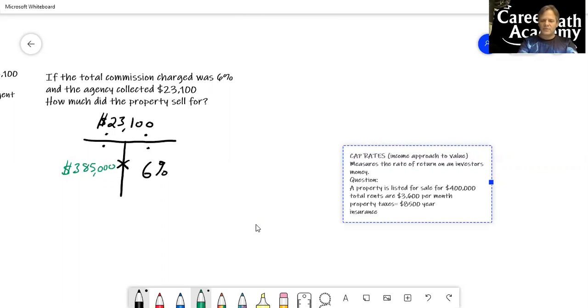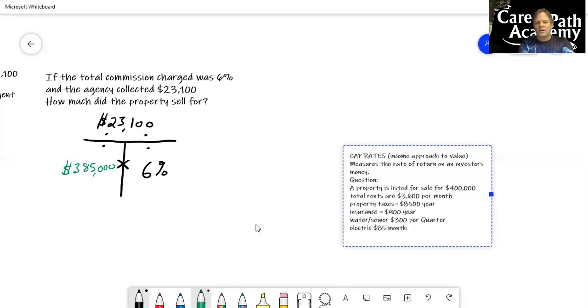Property insurance, we'll put that at 900 a year. The water sewer charge, we'll say it's $300 per quarter. Common area electric, we'll put that at $85 a month.